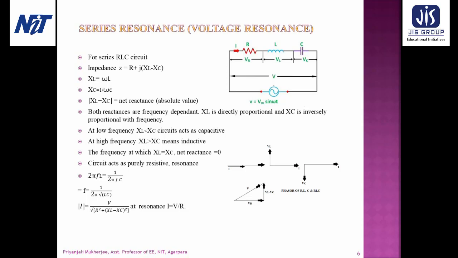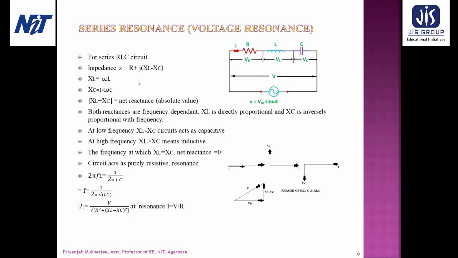And as the frequency of the supply increases, XL increases and XC decreases. At low frequency, the XC is infinitely large, and as the frequency increases, XC starts to decrease but never goes to 0. Similarly, at low frequency, XL starts from 0 and increases linearly with the frequency.